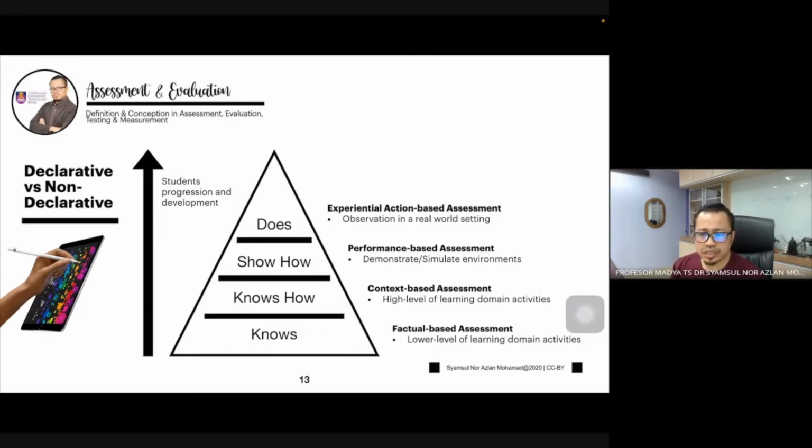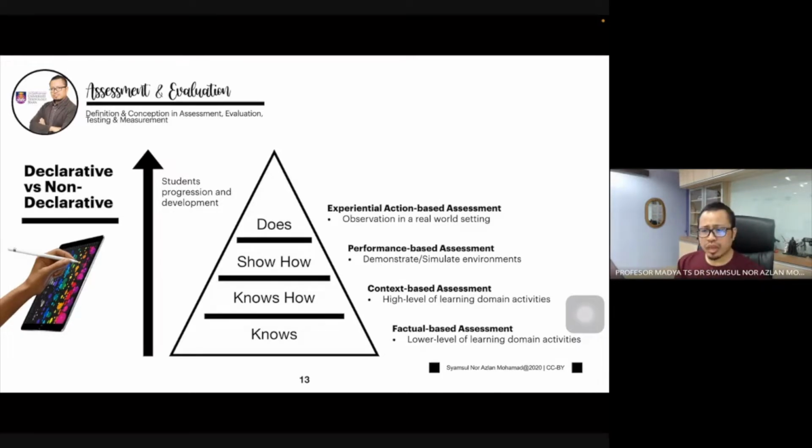So that's very important, because we know that teaching and learning can happen, but the assessment, as I mentioned before, becomes the new dimension on changing our teaching and learning approach.